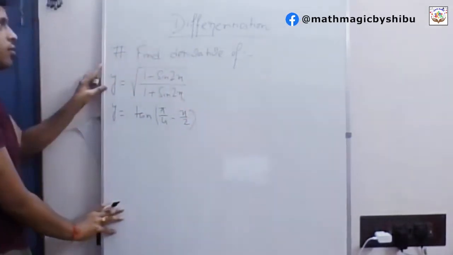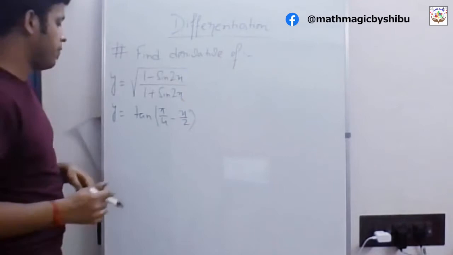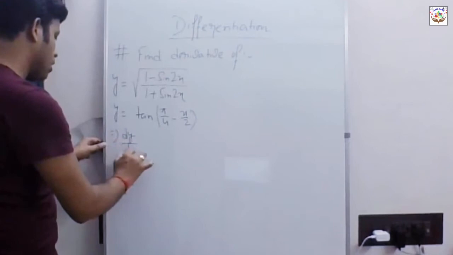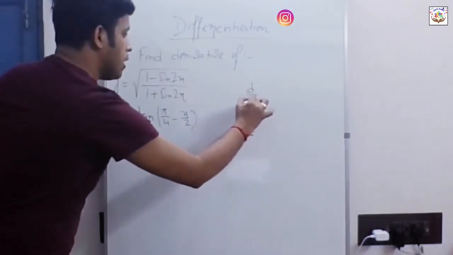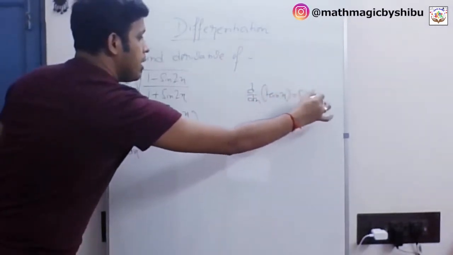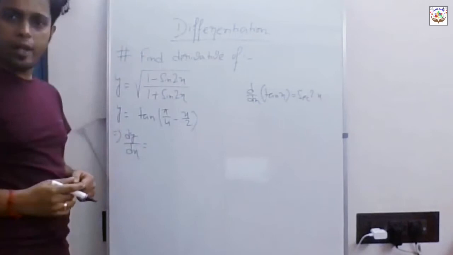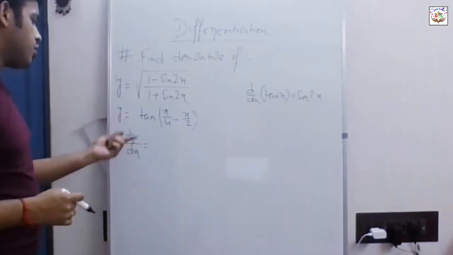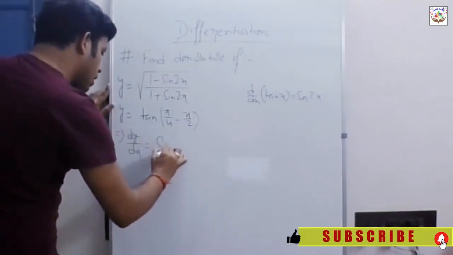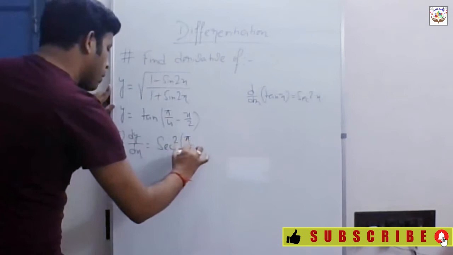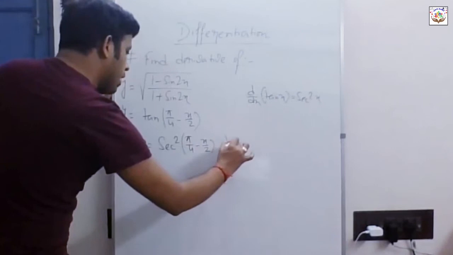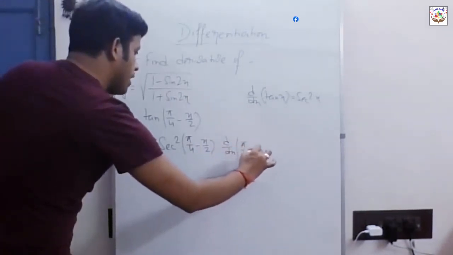Now we can solve the differentiation of it. Like what would be dy/dx? So we know d/dx of tan x would be sec square x. So d/dx of tan (pi/4 minus x/2) would be sec square (pi/4 minus x/2), and again it would be d/dx of (pi/4 minus x/2).